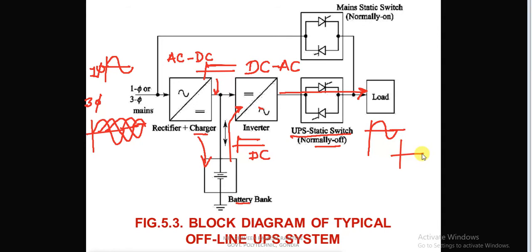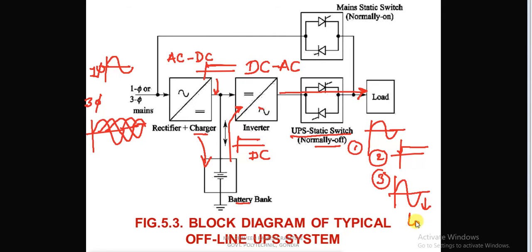This DC goes directly to the inverter or to the battery, and then this is first AC, this second DC, and third again pure AC, which is given to the load.